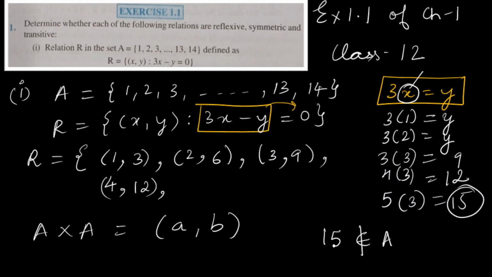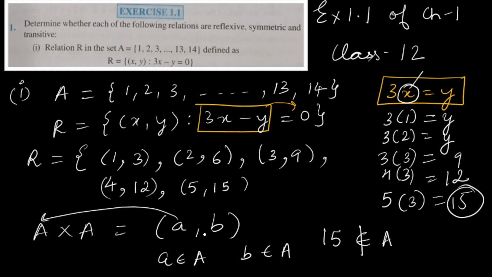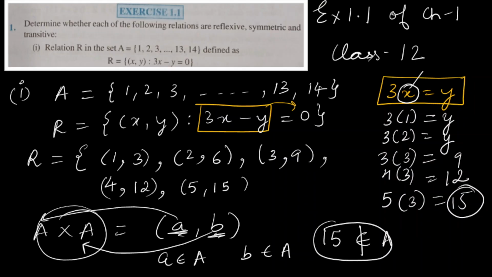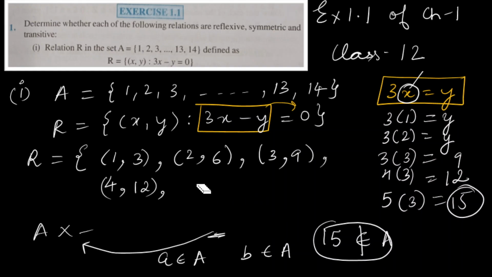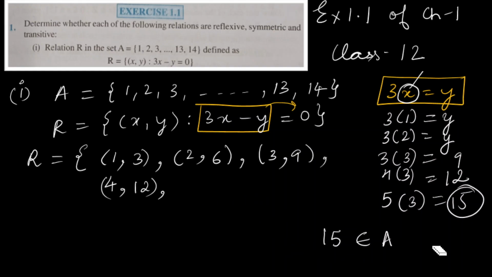So that's why I will not get the ordered pair (5, 15). The first element should belong to the first set and the second element should belong to the second set. Here both the sets are A only, so both elements should belong to A. Since 15 doesn't belong to A, this ordered pair will not come in this relation.